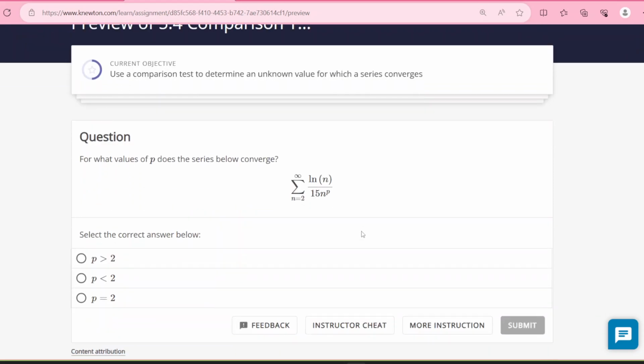All right, and again, look back through the video. I did one like this already. You got the natural log of n over, instead of earlier where we saw 40 n to the p, or 39 n to the p. Doesn't matter, as long as this positive constant in front of the n to the p really won't affect anything. So remember, natural log of n divided by n to the p would be less than n over n to the p, which would be 1 over n to the p minus 1.